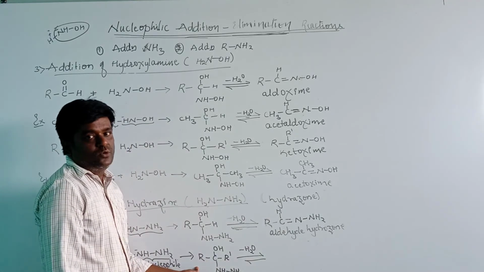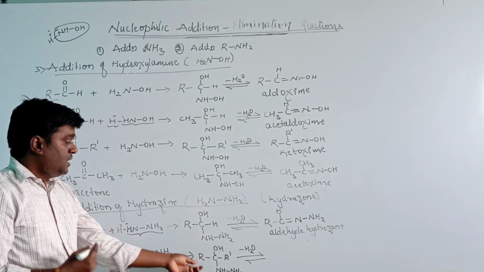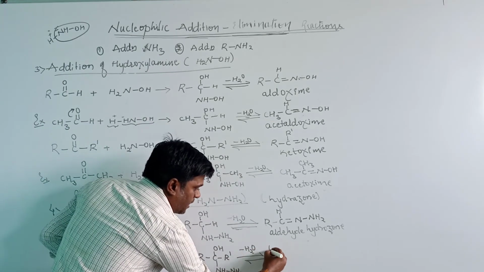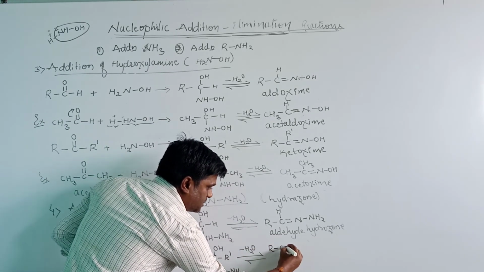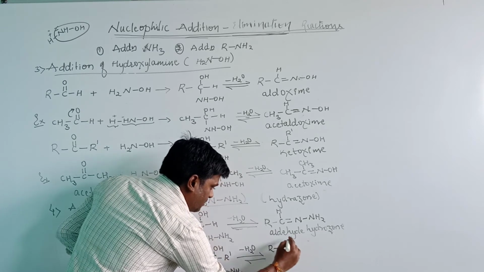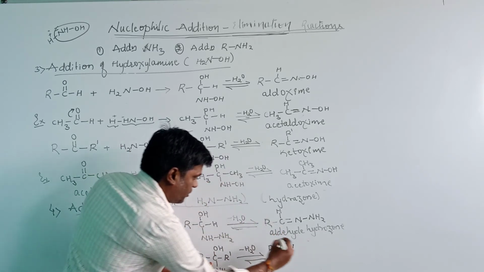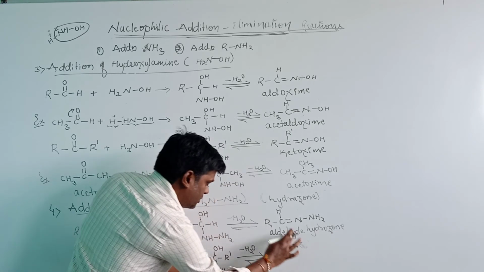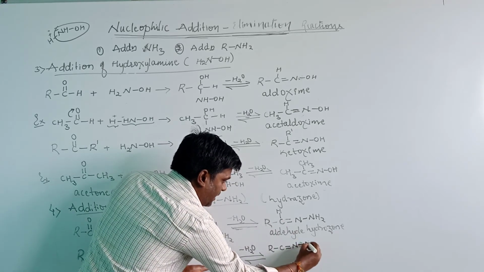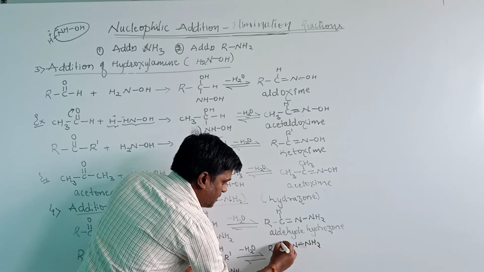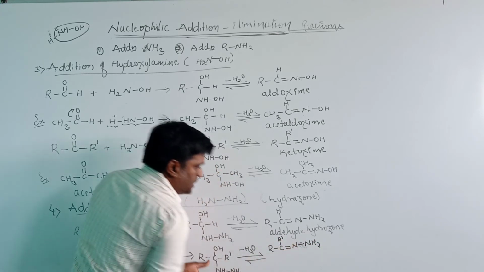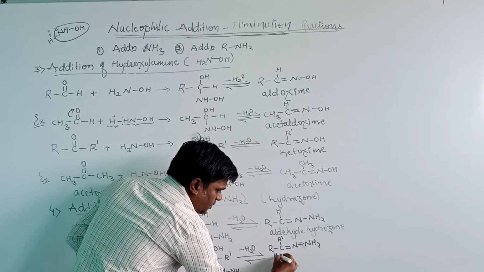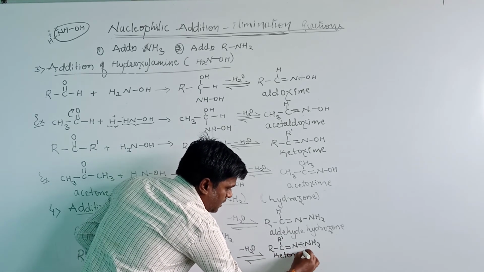We are using the ketone, therefore the product is an acetone hydrazone. Here R C double bond N NH2, and one of the hydrogens will get converted to a water molecule, and R dash. This compound is known as ketone hydrazone.